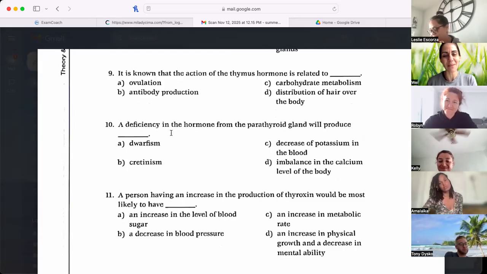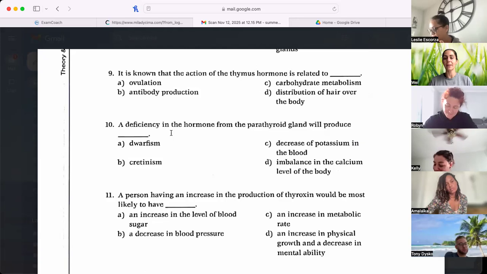A deficiency in the hormone from the parathyroid gland will produce what dysfunction, you think? This hormone has to do with calcium. D, the imbalance in the calcium level of the body. Yes.